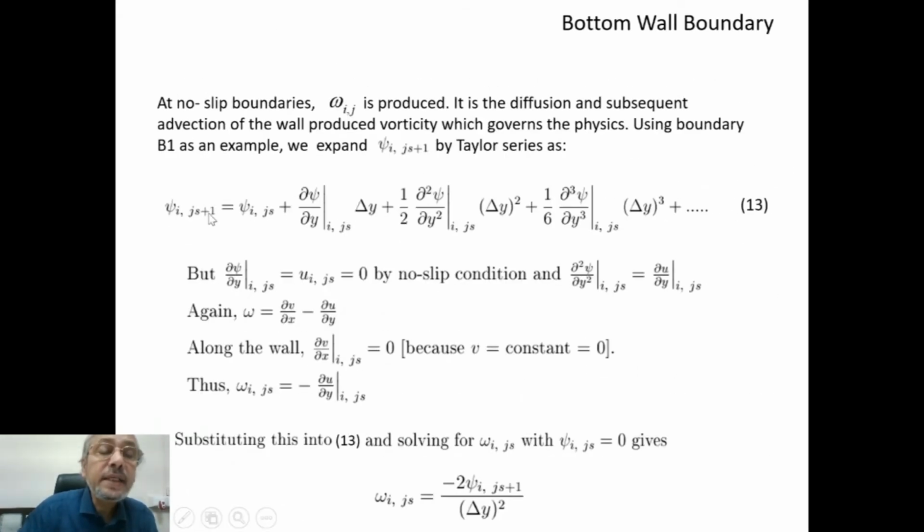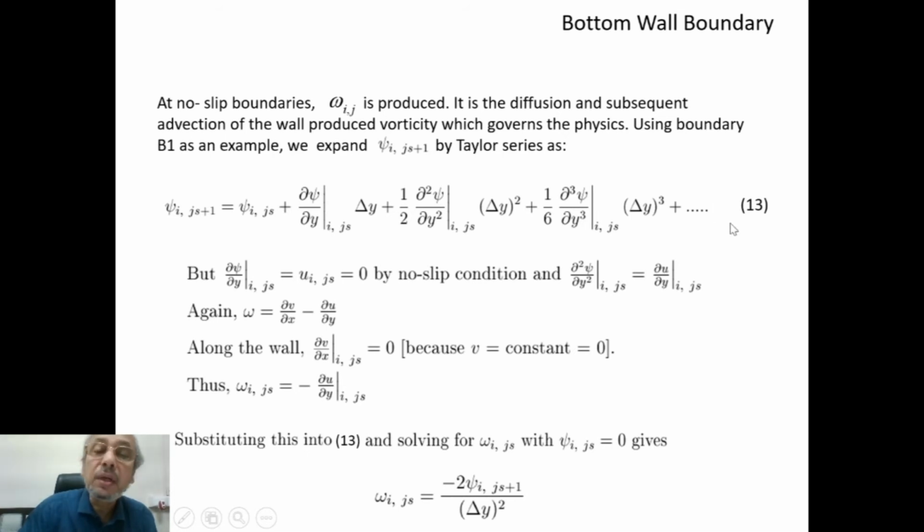So psi I js plus 1 equals psi I js plus del psi del y at ijs into delta y, plus half del 2 psi del y2 at ijs into delta y square, plus 1 by 3 factorial del 3 psi del y3 at ijs into delta y cube, and higher order terms and derivatives.